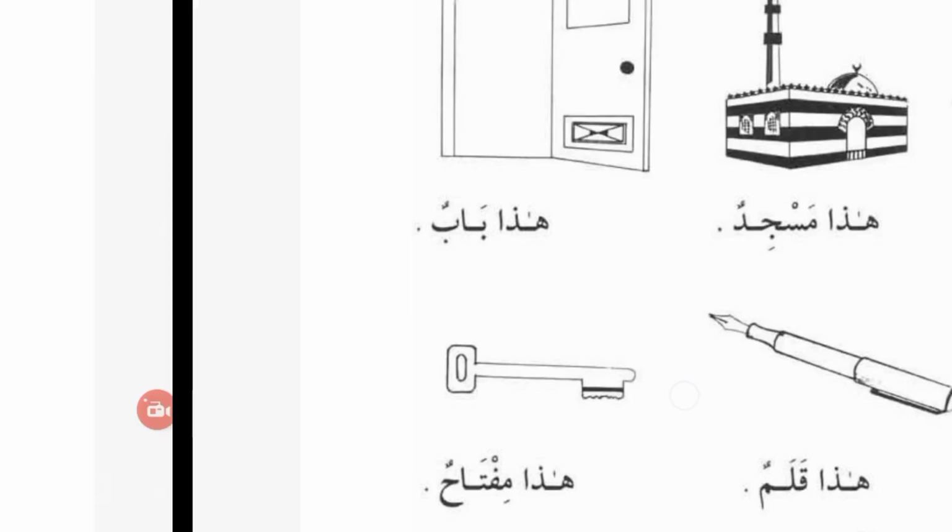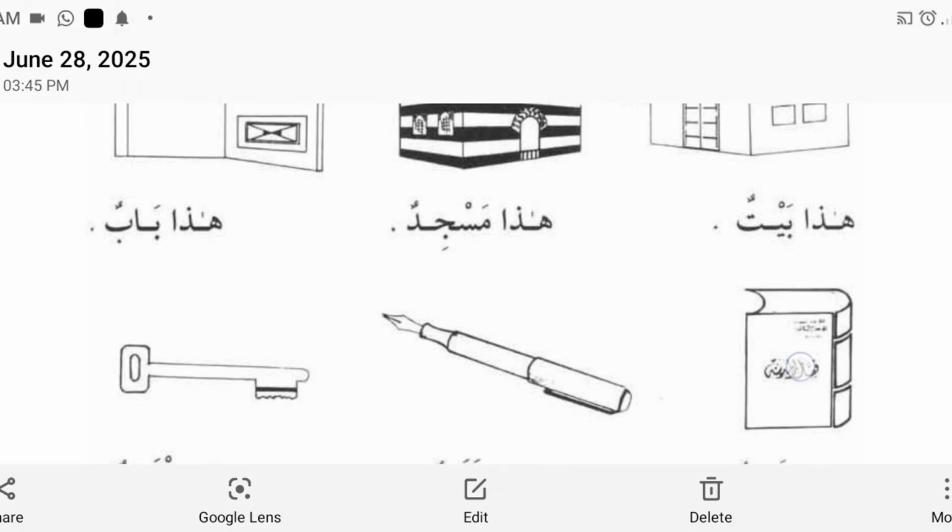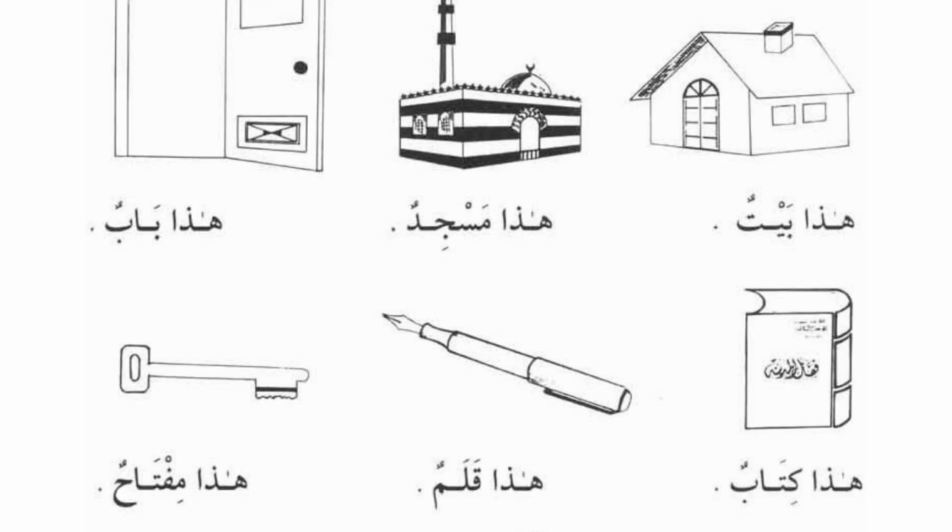Okay. So the next item is Haadha kitabun. Haadha kitabun means this is a book. Repeat after me.